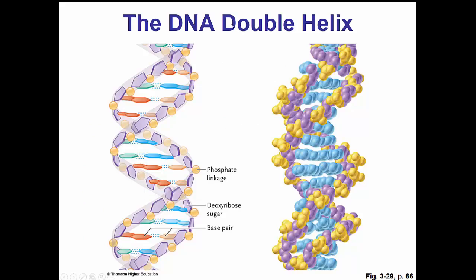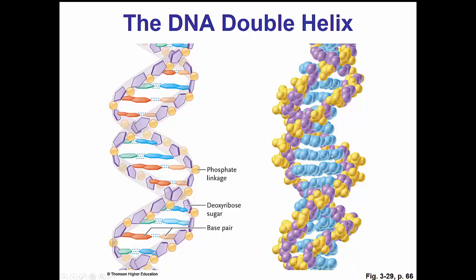And if we look at that double helix in 3D, you can see here that the double helix actually has 2 grooves that go along its surface. First, you have a minor groove, which is more narrow. Then you have a major groove, which is wider.